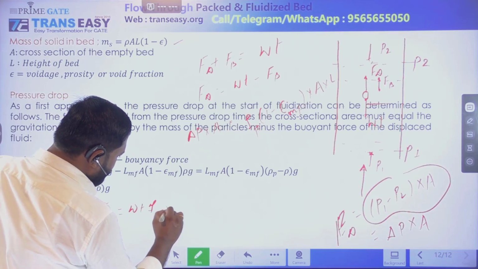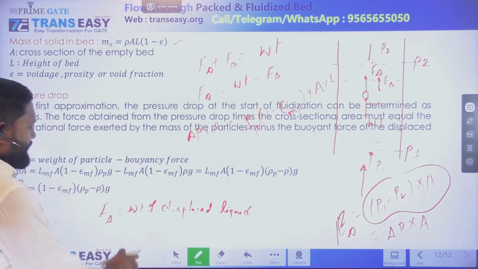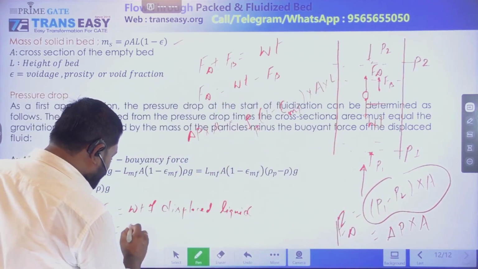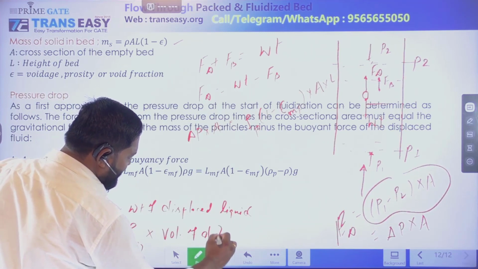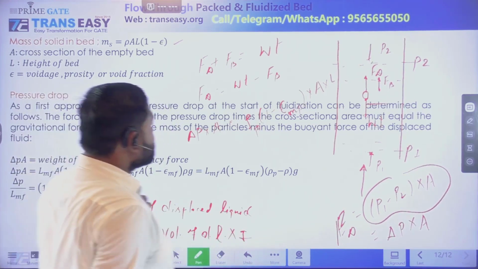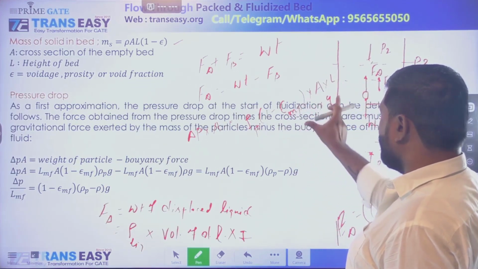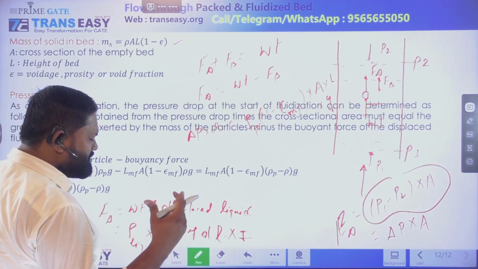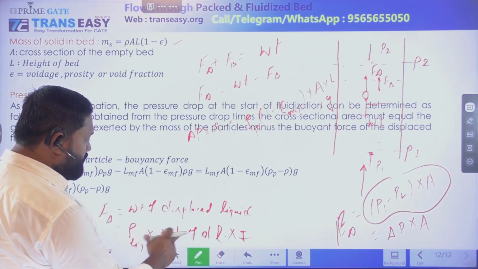Weight of displaced liquid is density of liquid into volume of displaced liquid, into g. The mass is multiplied by g, just as the mass of solid particles into g is the weight of the solid particles. So the weight of displaced liquid is the mass of displaced liquid, density of liquid into volume of displaced liquid, into g, right?